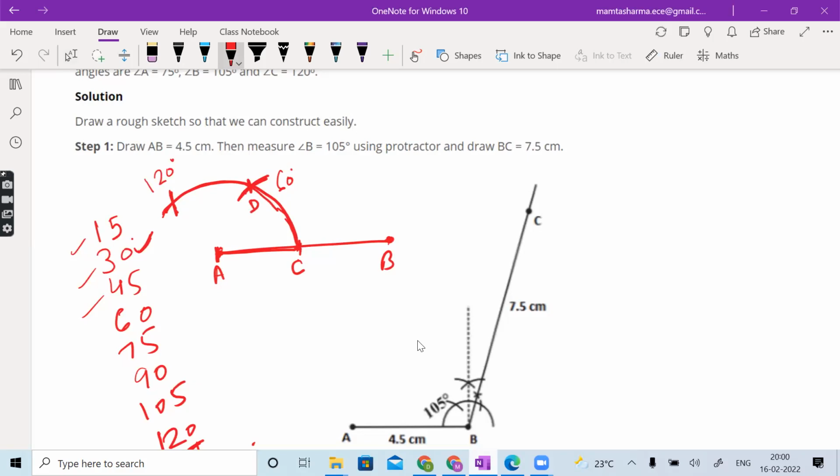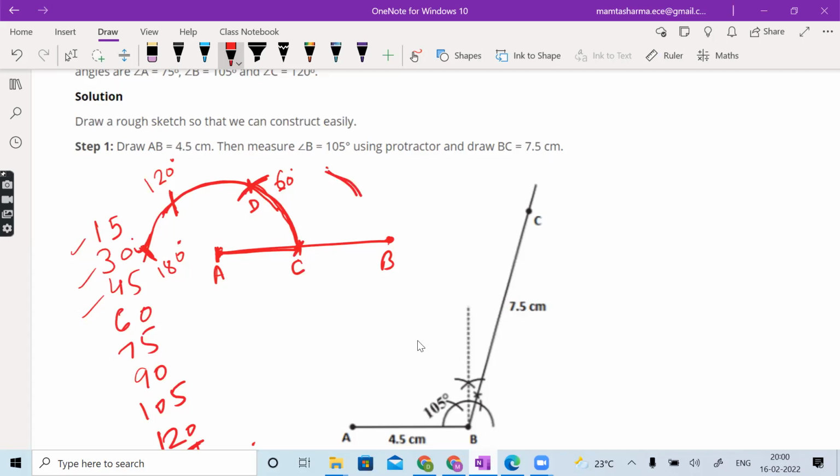Yes. And if you put the needle at 120, your third arc will be at 180 degrees. Correct? Yes, ma'am. Now you can draw half of these angles. How will you construct 30 degrees? Draw an arc from point C and point D. Between DC, put your needle here and draw an arc.